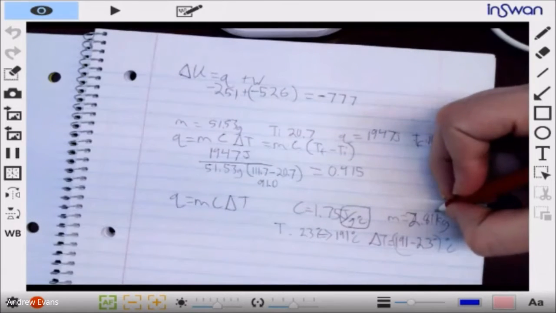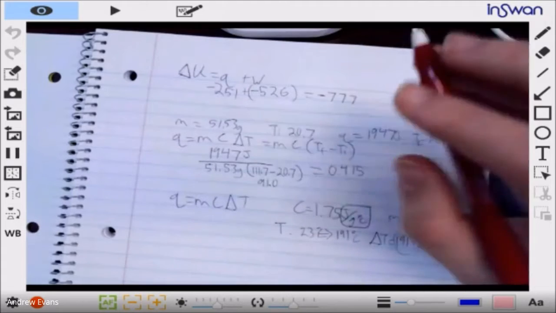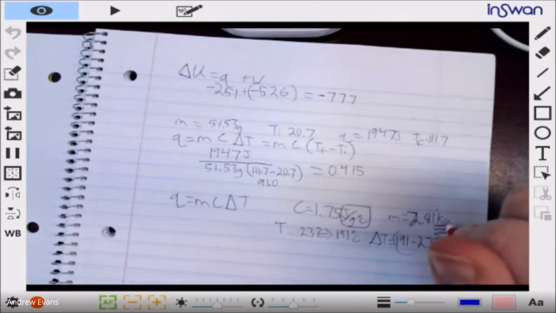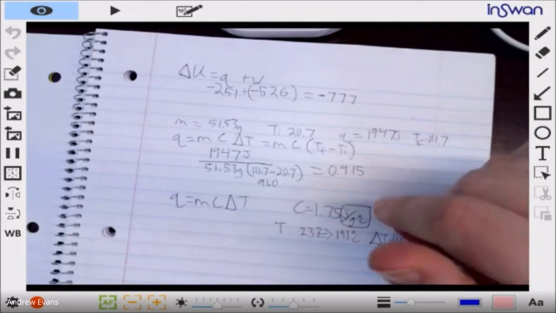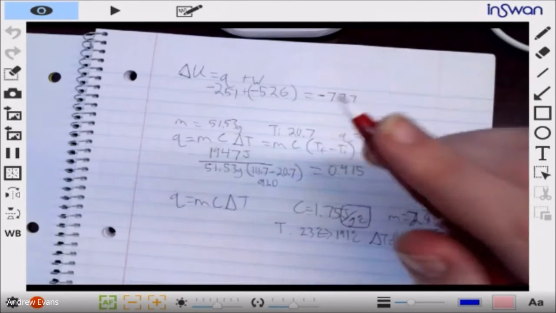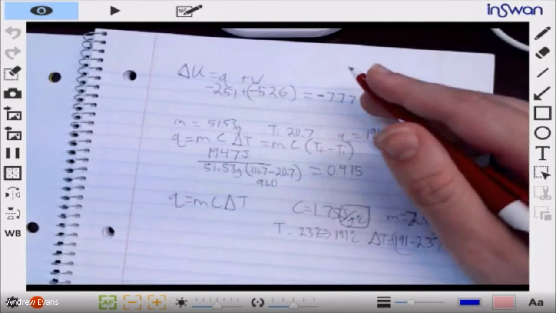But what is this? This is kilograms. This is not 2.81 grams. This is 2.81 kilograms. So in order to do this math, we need to convert kilograms to grams.